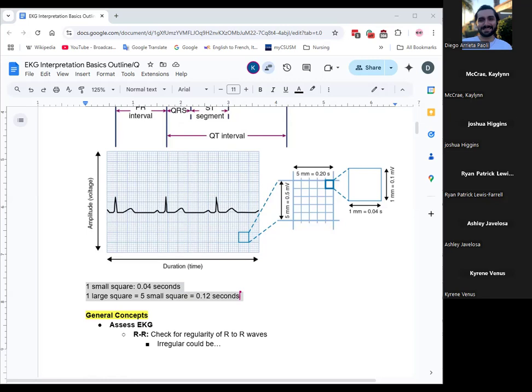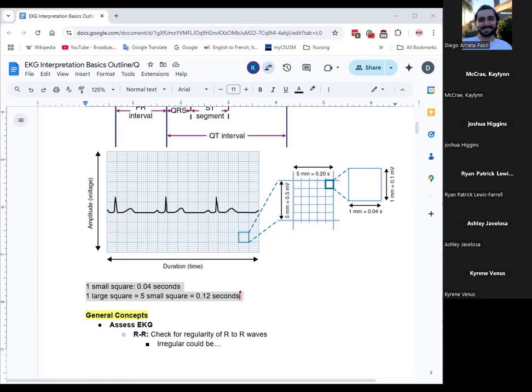Yeah. So if you have 30 large boxes, that does equal 6 seconds. It's going to be important for you if you were to get some kind of EKG strip interpretation question. 30 large boxes, and then you multiply by 10 to get the beats per minute, the heart rate.